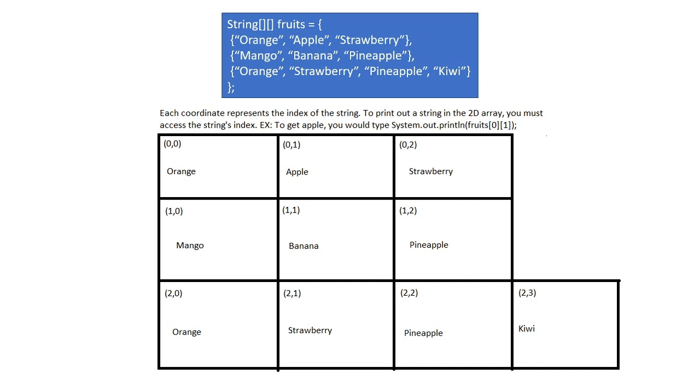So for example, you see kiwi's labeled 2, 3, but I said it was in the 3rd row, 4th column, right? So you would think that would be labeled 3, 4, but it's not located there since you have to start your array index at 0. So in this case, you would just have to subtract 1 in both your row and column numbers.